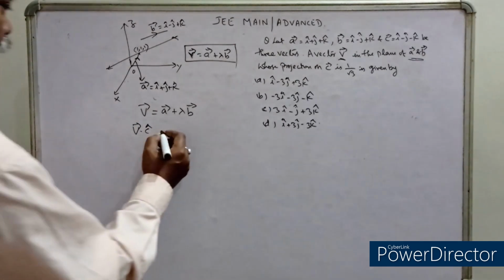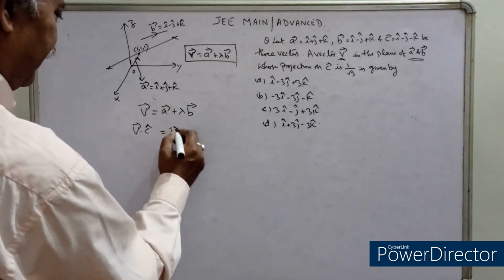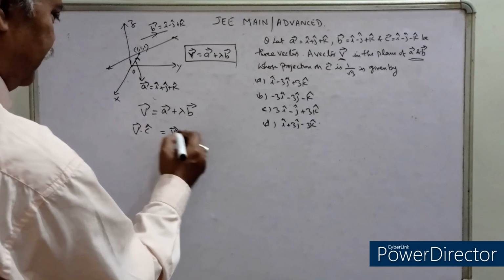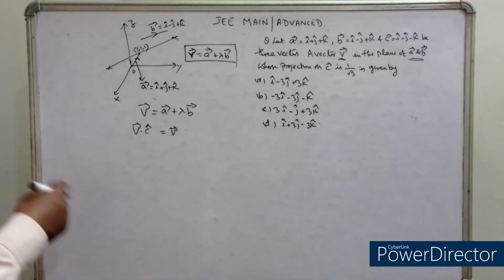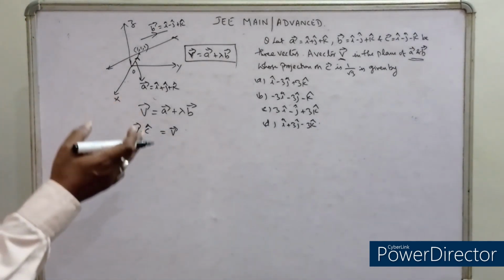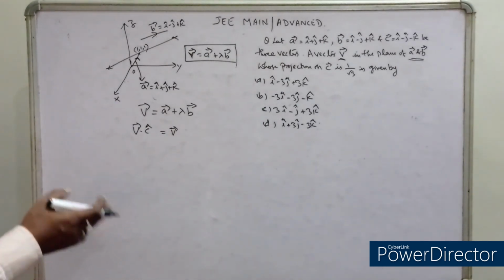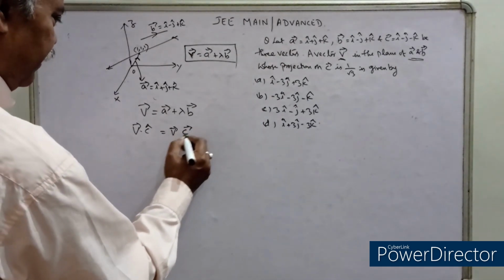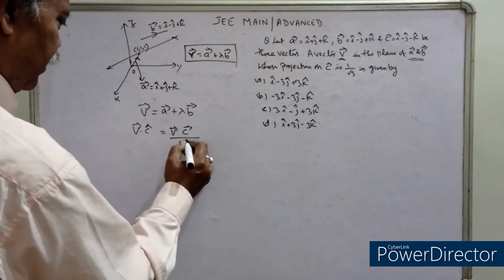So this will be equal to V vector dot C cap, that means projection on C vector, in the direction of C vector, therefore dot C cap. So your C cap is C vector divided by modulus of C vector.